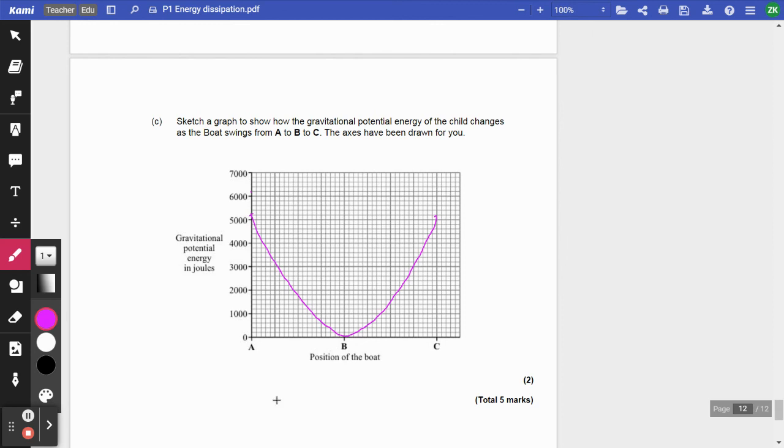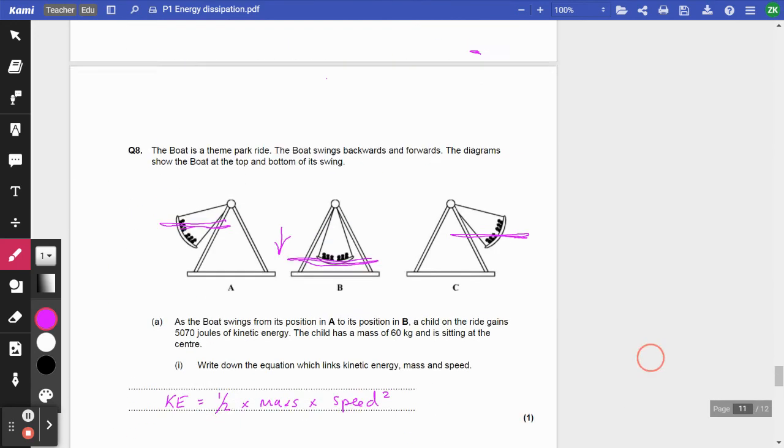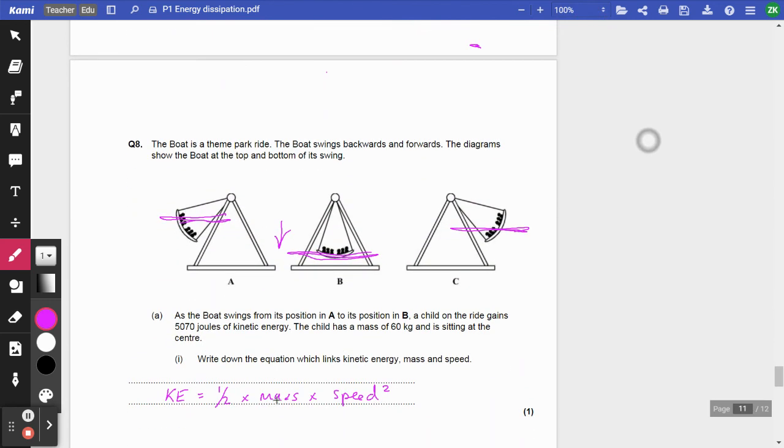So you say gravitational potential energy in joules is what we're looking at. We're not looking at the kinetic energy. So in position A, we've got maximum GPE. Okay, and in position B, you've got minimum GPE, and then you've got maximum GPE. So the GPE goes down as the object goes into position B and then goes back up.